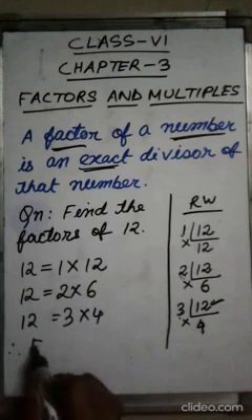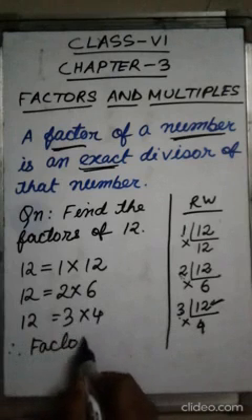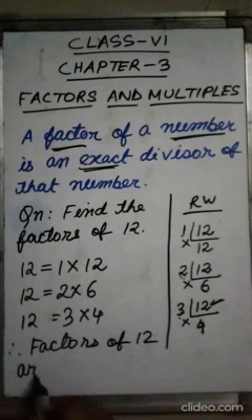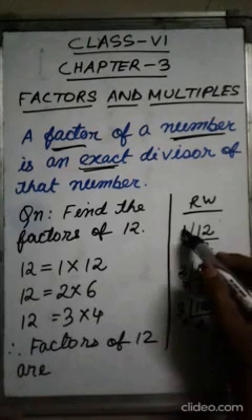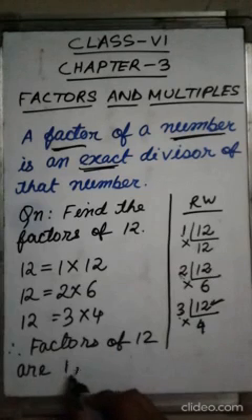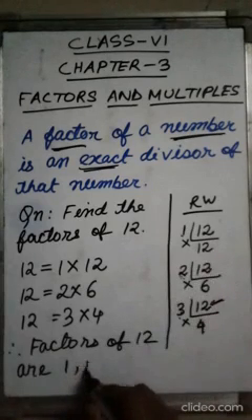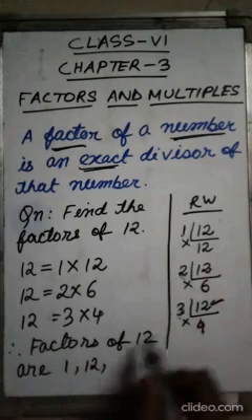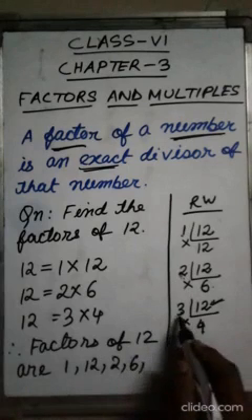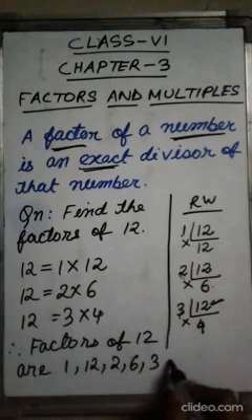Therefore, what are the factors of 12? 1, 12, 2, 6, 3 and 4.